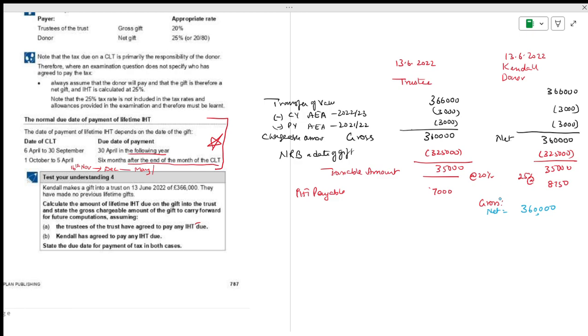Maybe, fine, okay. Net amount plus tax, maybe they have added. Net amount plus tax comes to how much? 8,750. 368,750. But 25% tax, is it right? 8,750, now 20 divided by 80.